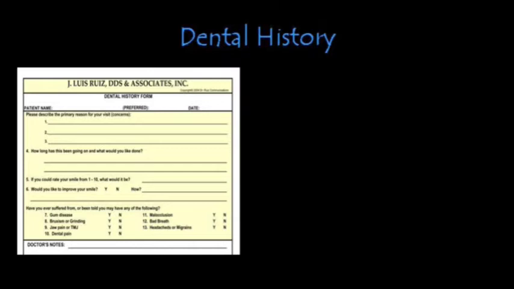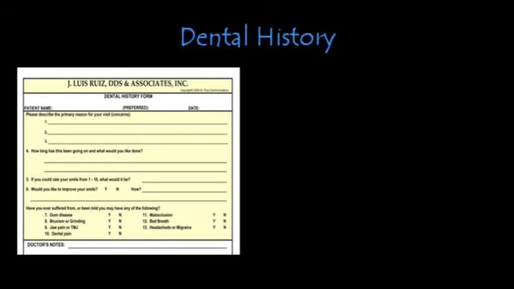Some of those questions include, are you aware or have you ever suffered from bruxism or grinding? And if the patient says yes, then that should be a clue that they are aware that there's a problem with their bite. Then another question is, do you have jaw pain, or have you ever had jaw pain or TMJ pain?